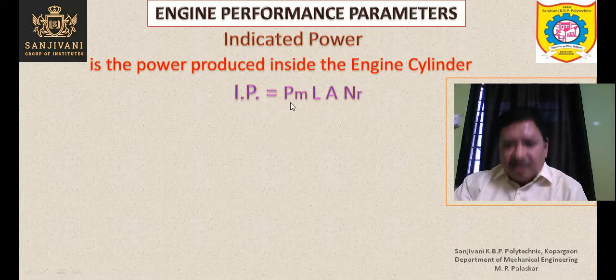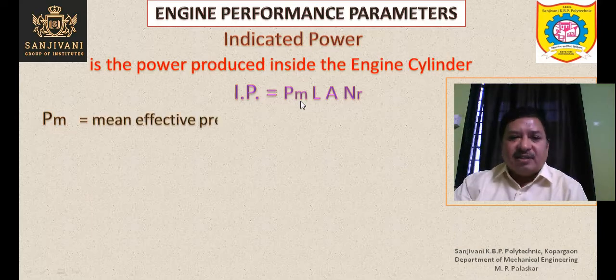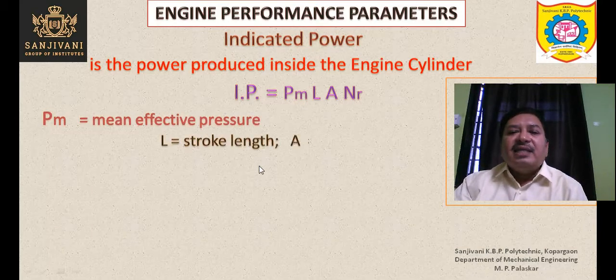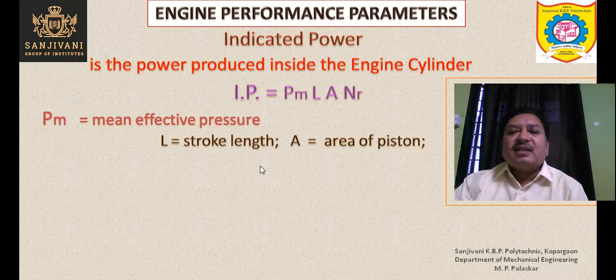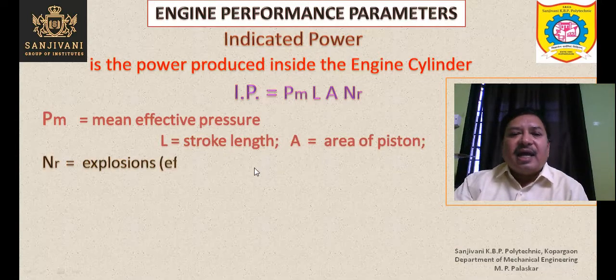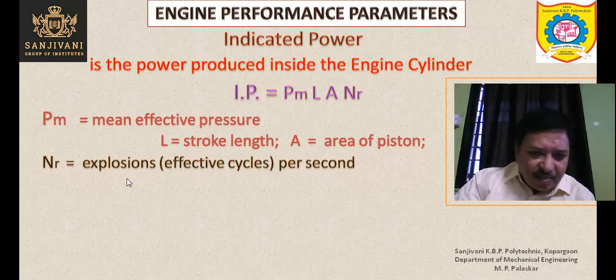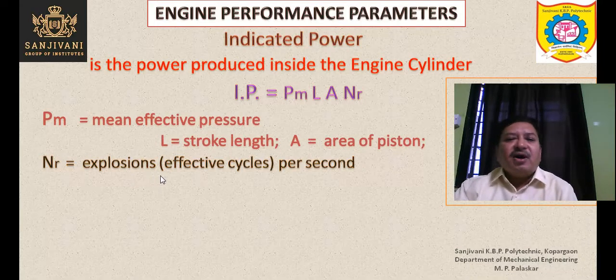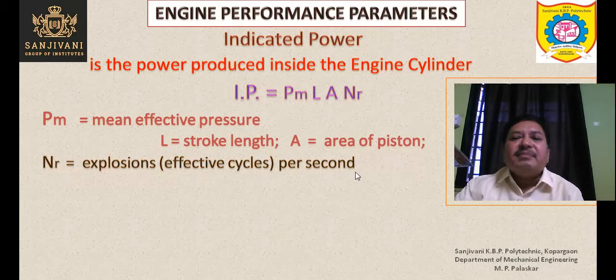IP = PmLAN_R. Here, Pm is the mean effective pressure. L is the stroke length of the engine. A is the area of the piston, and N_R is the number of explosions or the effective cycles per second.